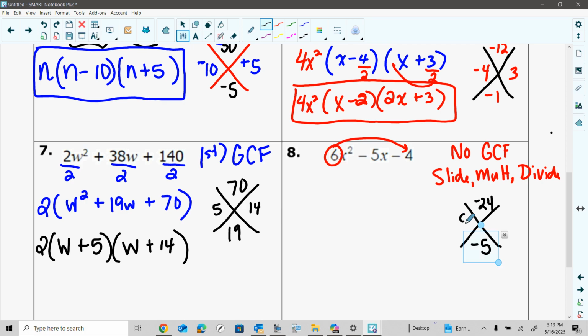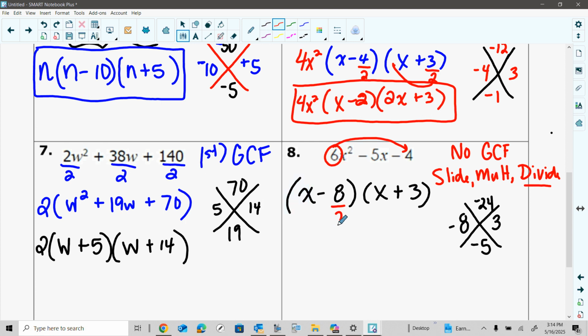That would be negative 8 and positive 3. So this becomes x minus 8 and x plus 3, because we multiplied, we have to do this last thing, which is divide. Not by 2, sorry. Divide by 6.